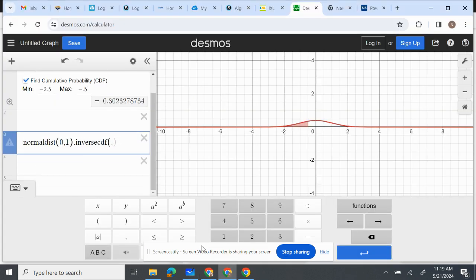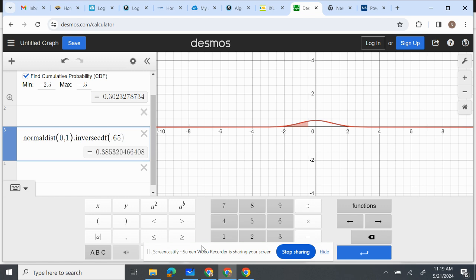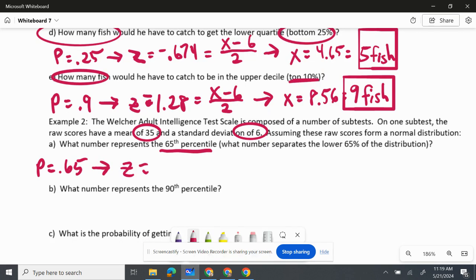So we type in 0.65, and we have 0.385. And that's equal to x minus the mean divided by the standard deviation. We're going to times it by 6, add the 35, and that gives us x is equal to 37.3, which we're going to say is a score of 37.